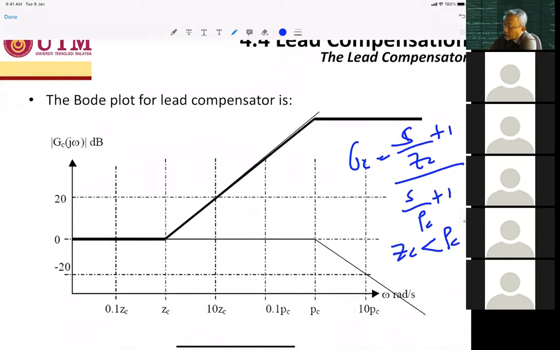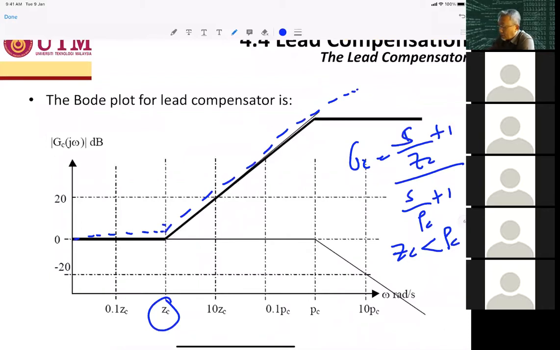So we draw the ZC first, which is this one, for the gain curve. And then the PC is shown here. This is the PC.